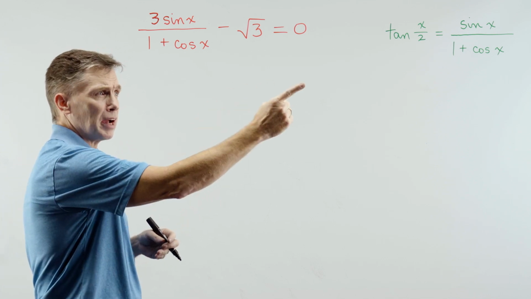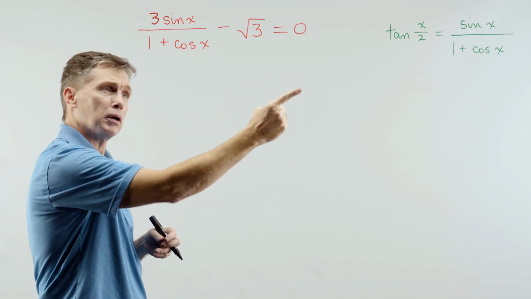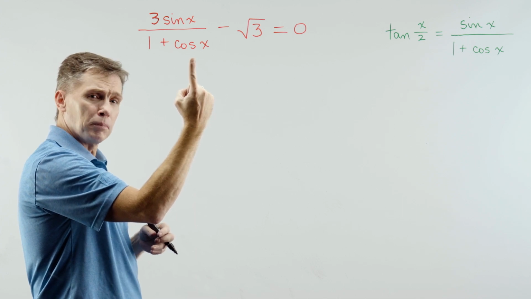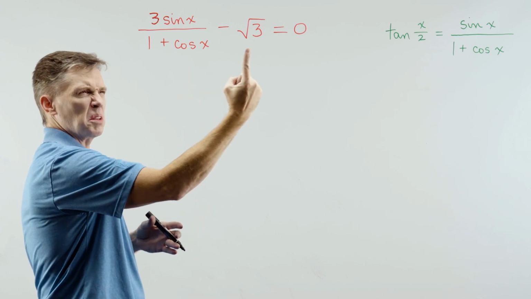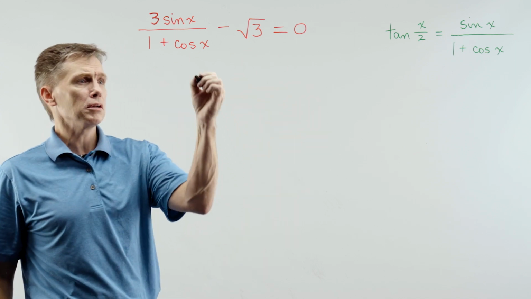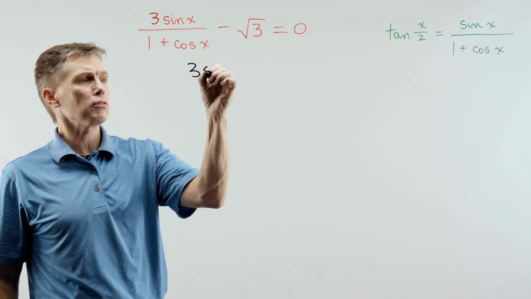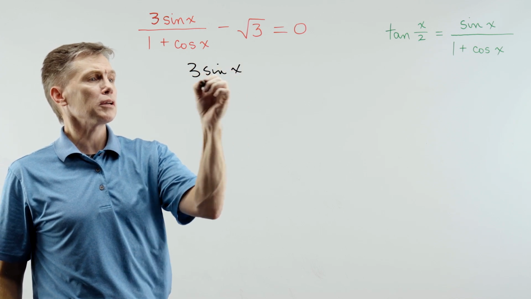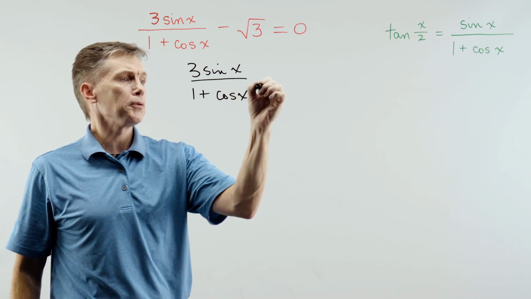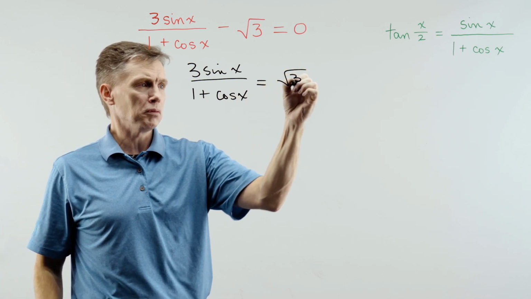I'll put that aside for now, because I will use that one, but let's first work on this equation by cleaning it up a little bit in terms of the minus square root of 3. I can pretty easily throw that to the other side, right? And then I'll be left with 3 sine of x over 1 plus cosine of x equals a positive square root of 3.